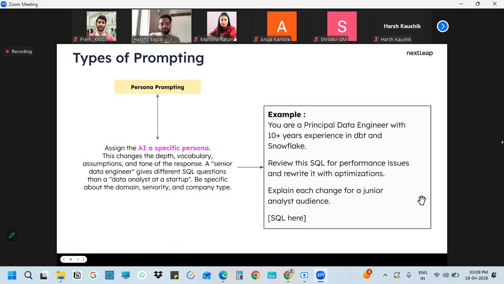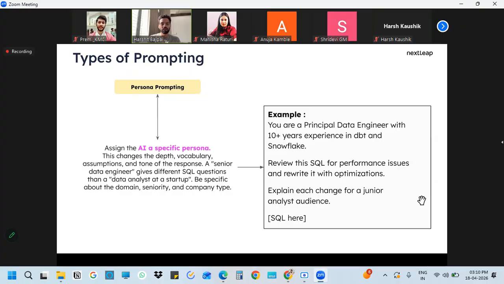I'll go ahead. This is what some people have done. This is called persona prompting. You assign the AI a specific persona. Now, this changes the depth, vocabulary, assumptions, and tone of the response. What does it mean? The way a senior data scientist or a senior analyst would interact with you in terms of asking questions would be very different from a junior analyst, right?